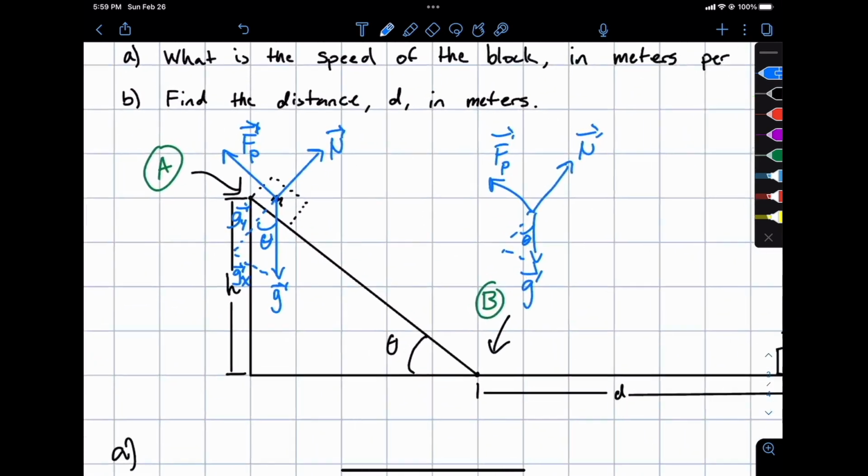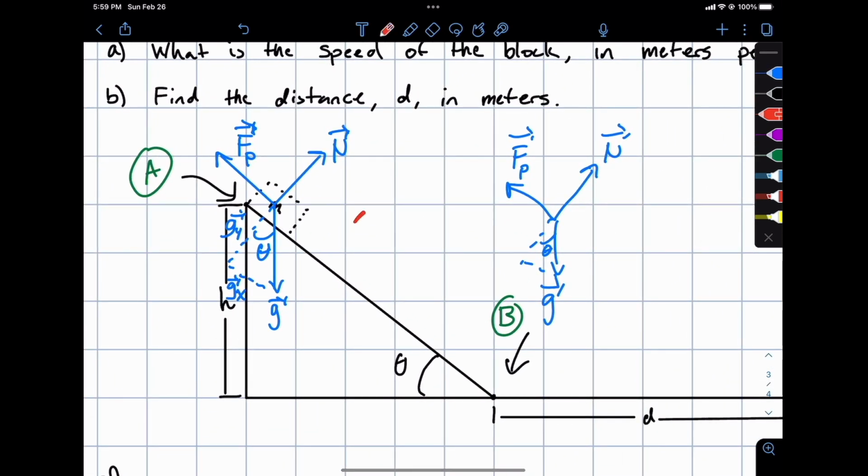So in this case, the normal force points in this direction, right? Where is the direction that our mass is moving? The mass is moving in this direction, right? And so the normal force is perpendicular to that direction.